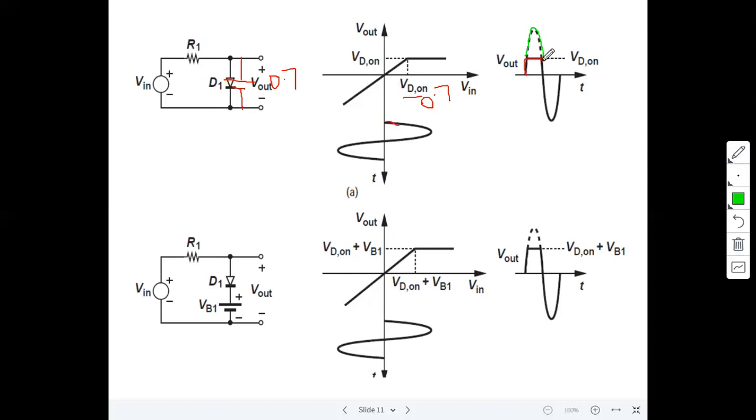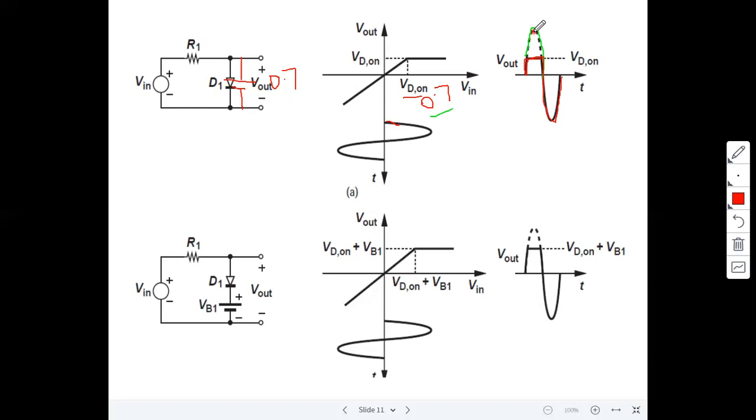Now when the input signal is less than 0.7, again the diode is off and the output follows the input. So this is the signal. Here the red color indicates that the output follows the input; during this entire red region, the diode is off.